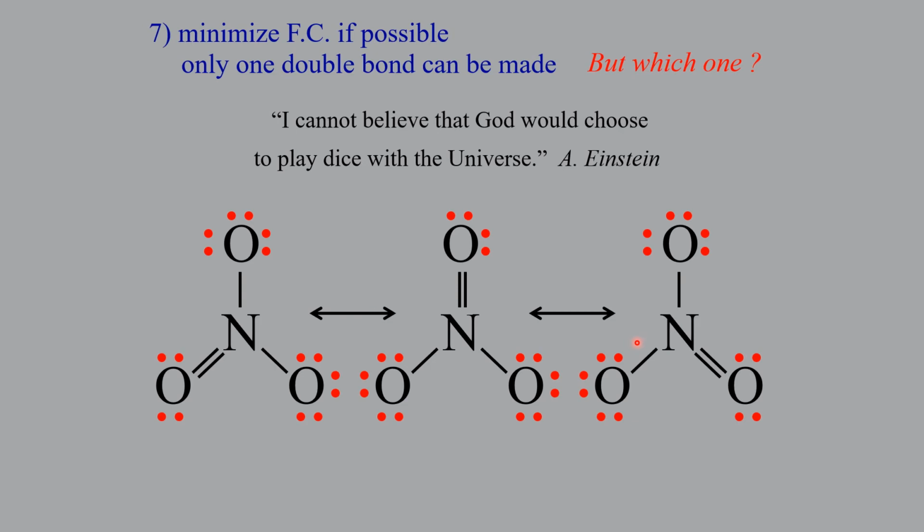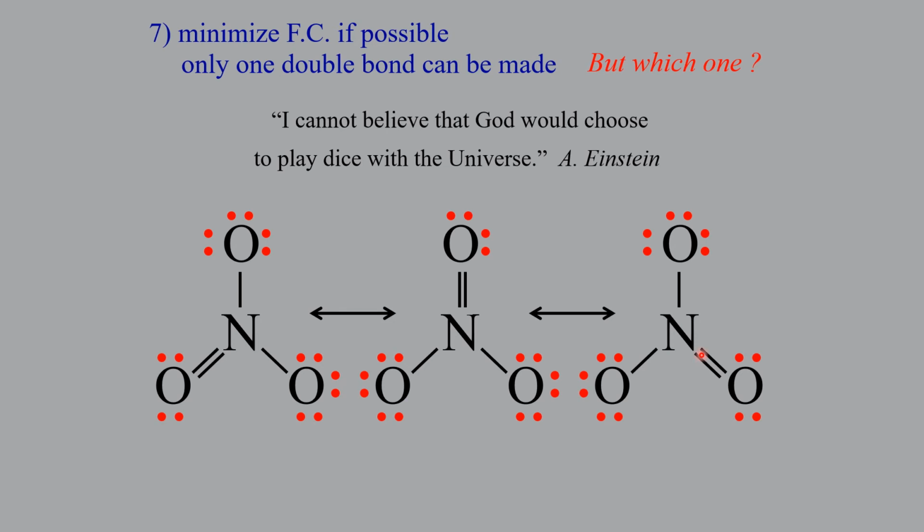And this represents the big shortcoming of Lewis theory, which assumes that electrons can only be shared between adjacent atoms. And that turns out not to be true. So the way nitrate is held together is that there are 3 pairs of electrons that are localized between the nitrogen and oxygen atoms.